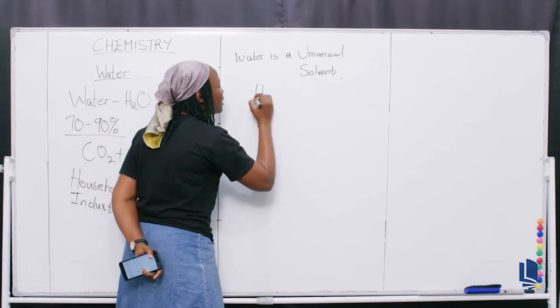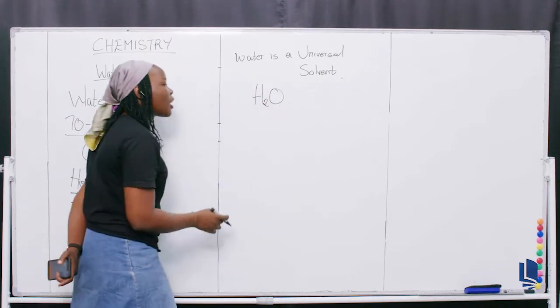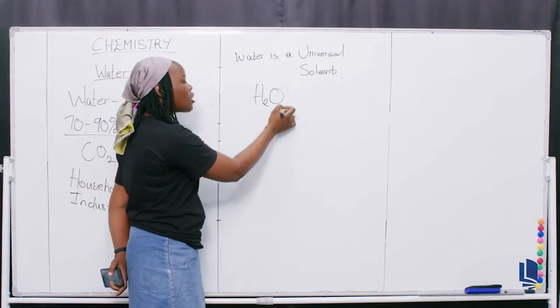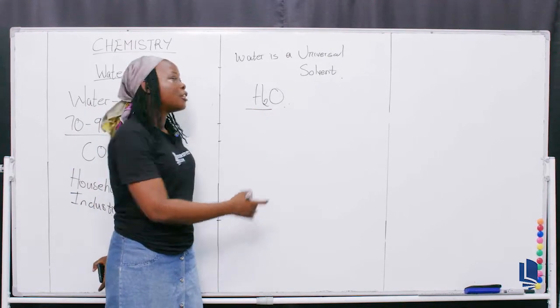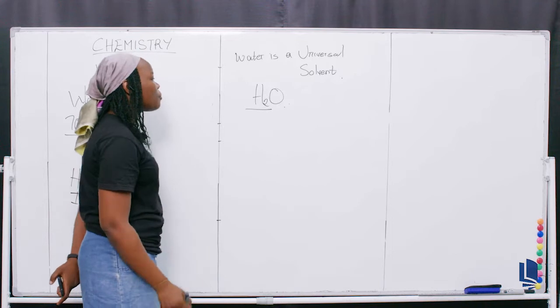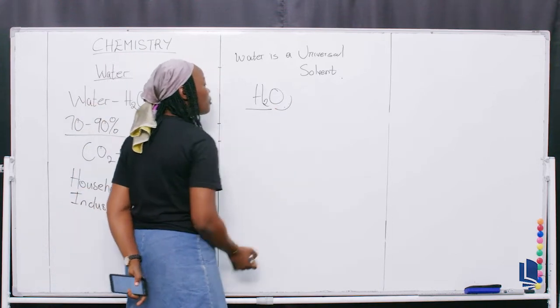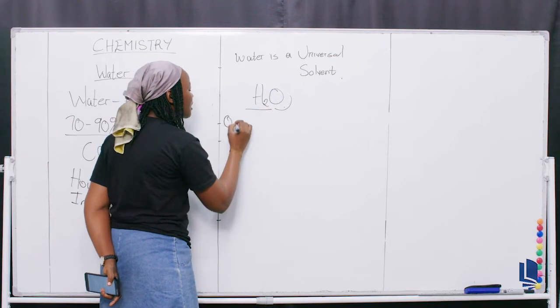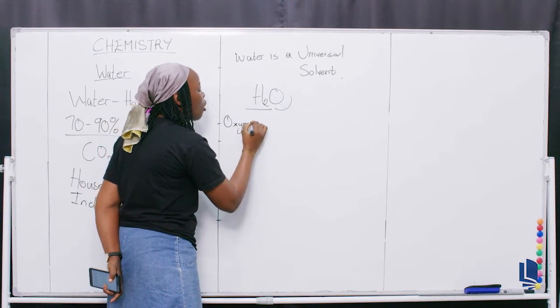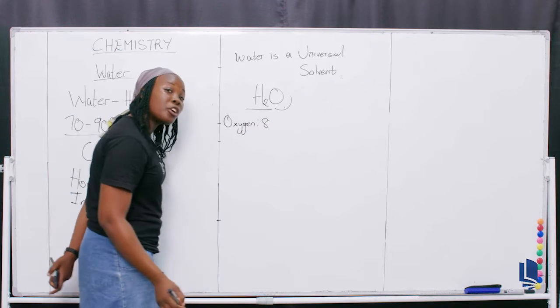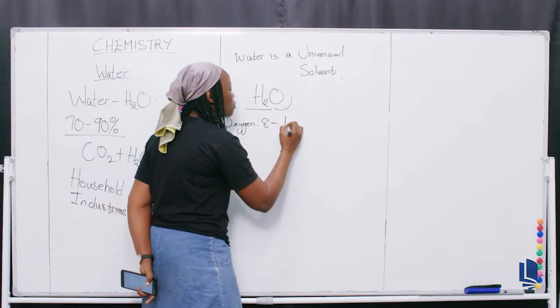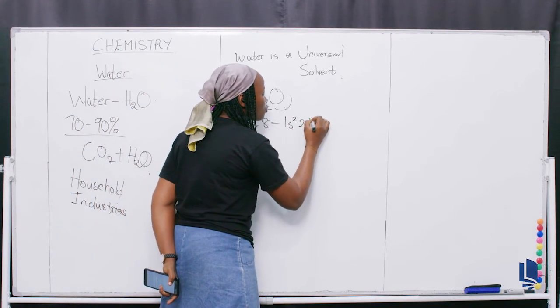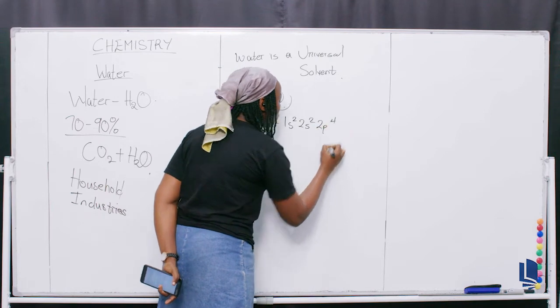I said water is H2O, and we can say H2O is the oxide of hydrogen. Let's consider hydrogen as an element. Let's consider oxygen as an element. Oxygen is the 8th element on the periodic table, and we can write it as 1s2, 2s2, 2p4.